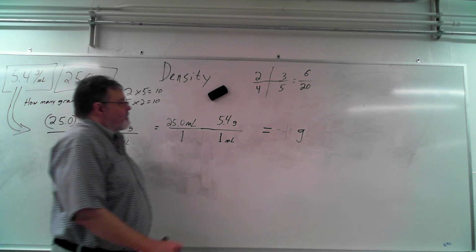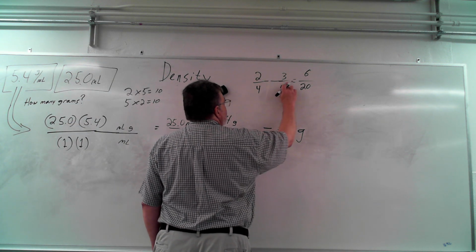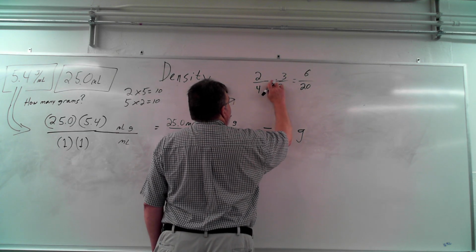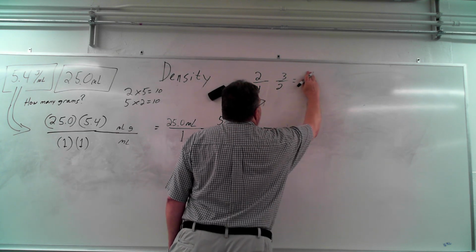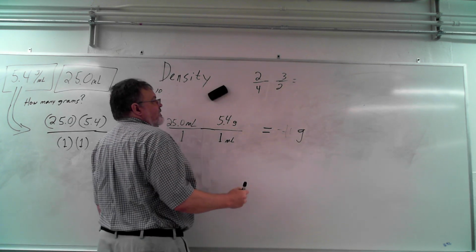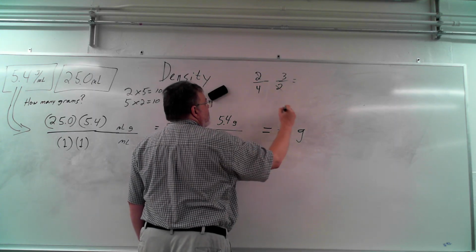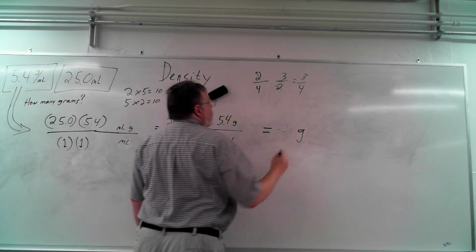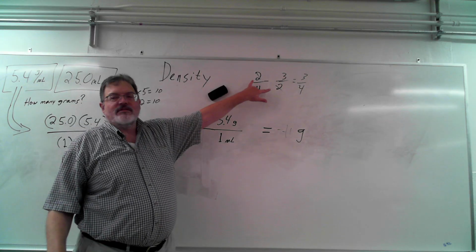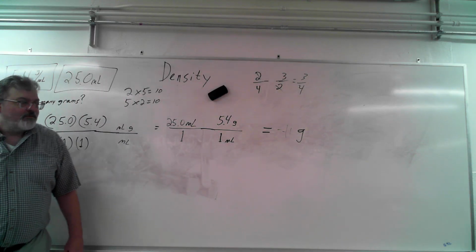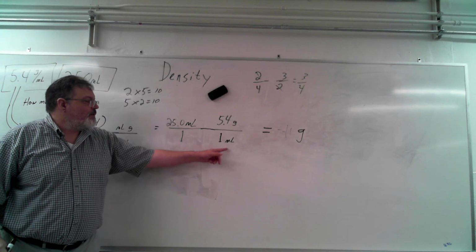Units cancel for the same reason. Numbers would cancel. Like if I had that problem to solve, I could multiply with the 2's, but I could just cancel them. And I'd have 3/4. So that's what I mean by the units cancel. It's the same idea. You're canceling. If it's the same exact thing on the top and the bottom, they cancel.